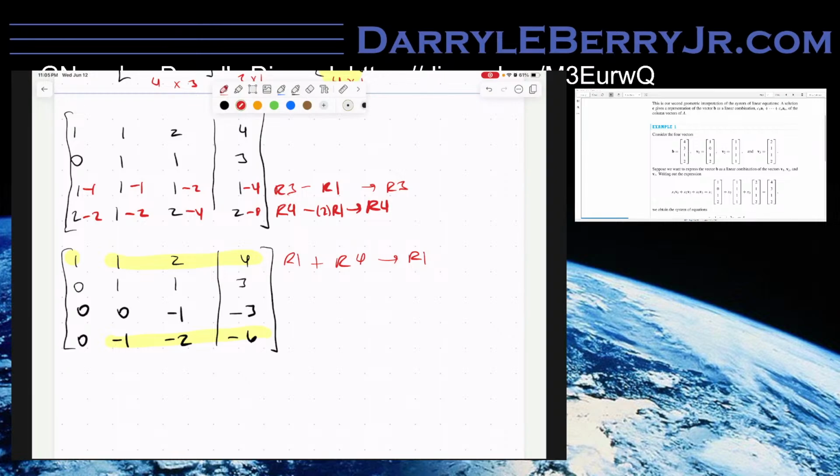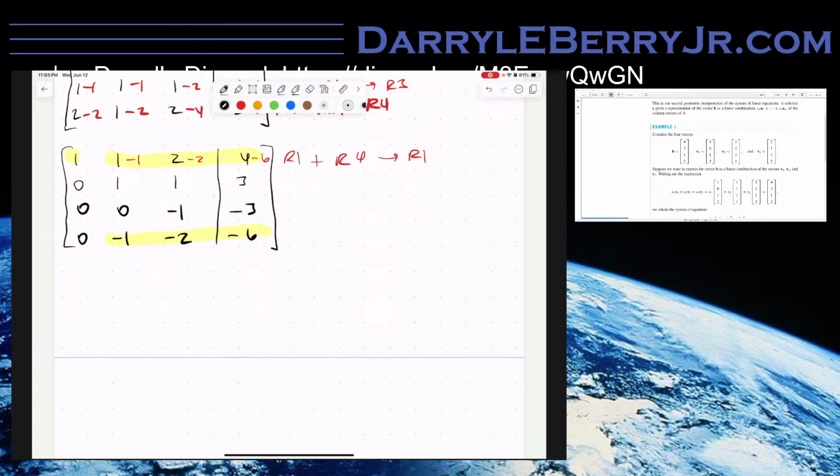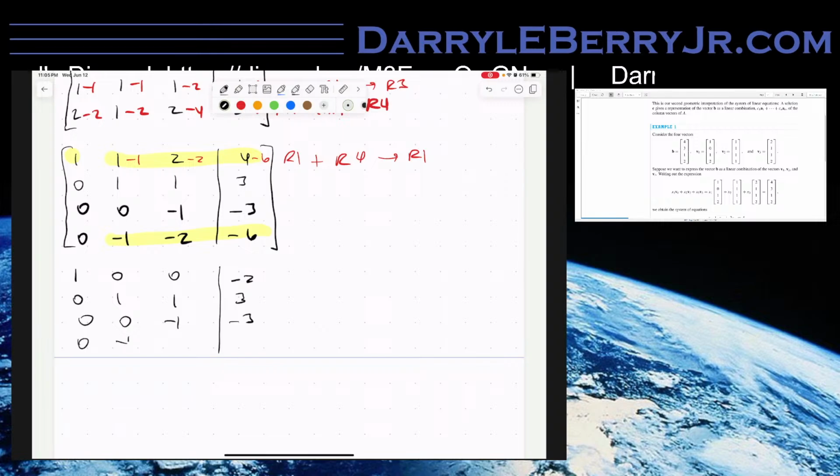So plus row 4, minus 1, minus 2, minus 6. So that'll give me 1, 0, 0, negative 2, 0, 1, 1, 3. That stays the same. 0, 0, negative 1, negative 3. That stays the same. And 0, negative 1, negative 2, negative 6.